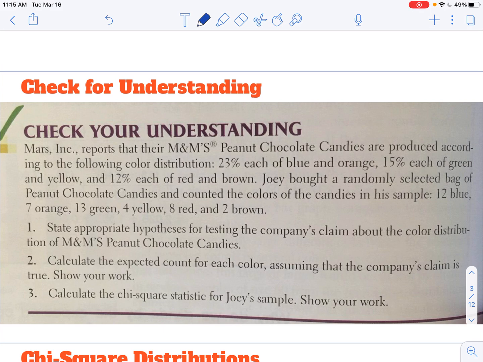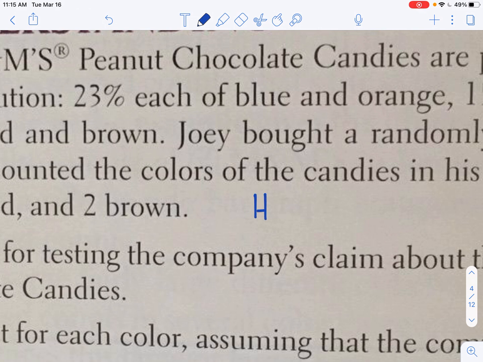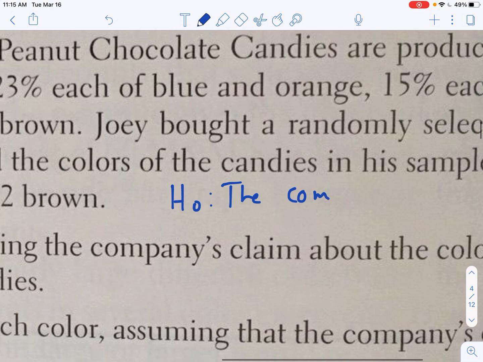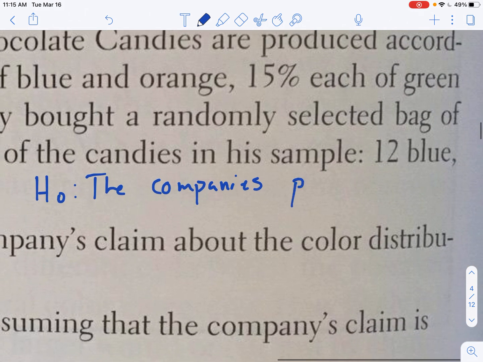All right, so our proper null hypothesis here is just going to be the company's proportions are true.